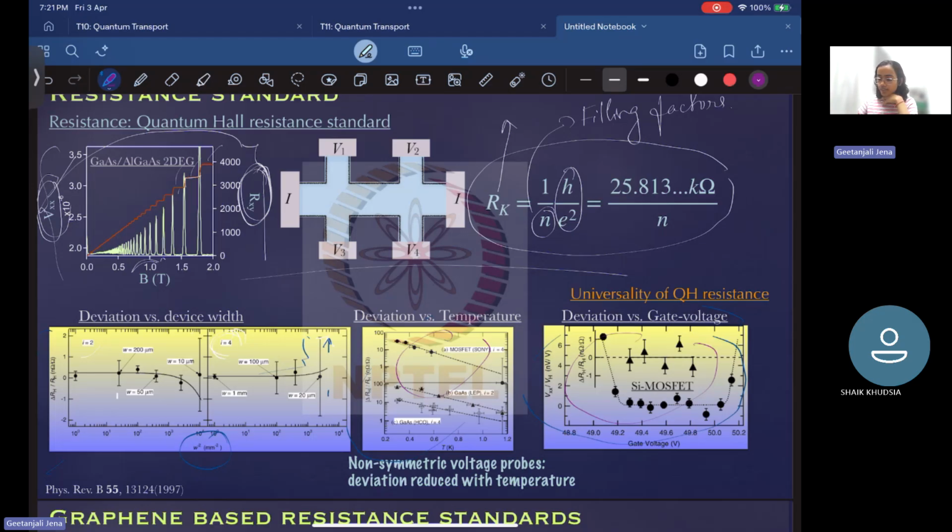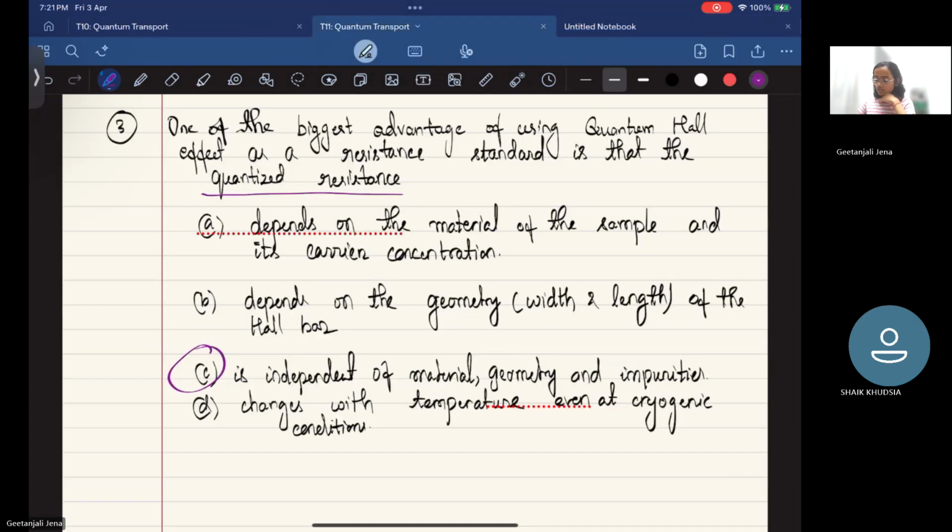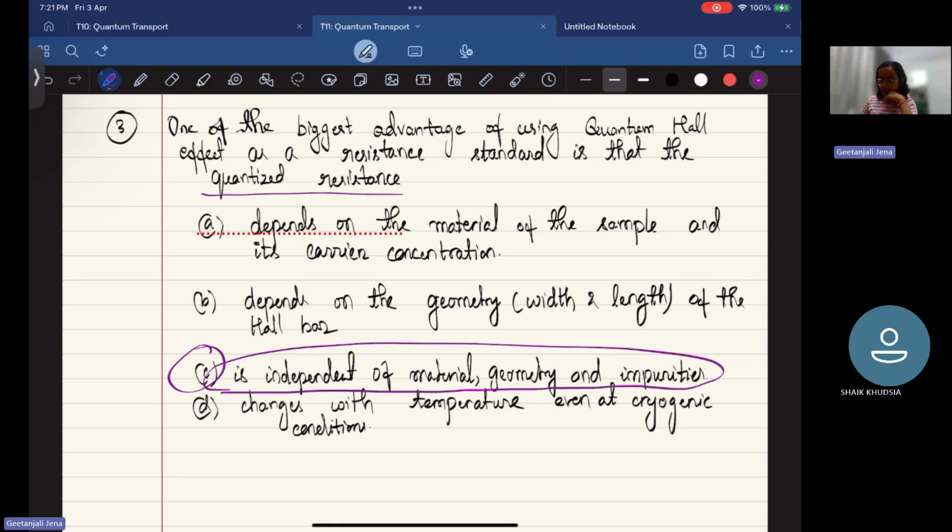That is why we use the quantum Hall effect as a resistance standard. So it is independent of material, geometry, and impurities.